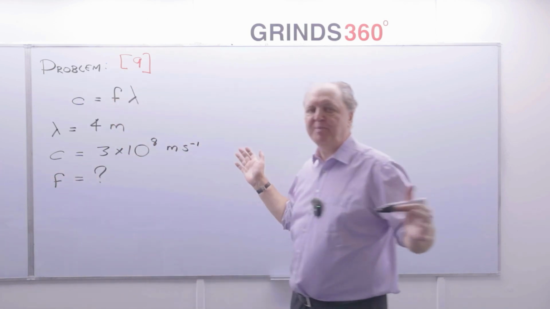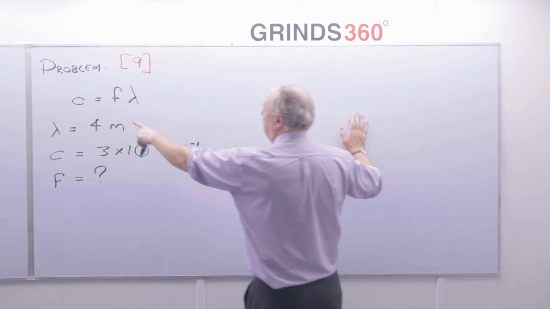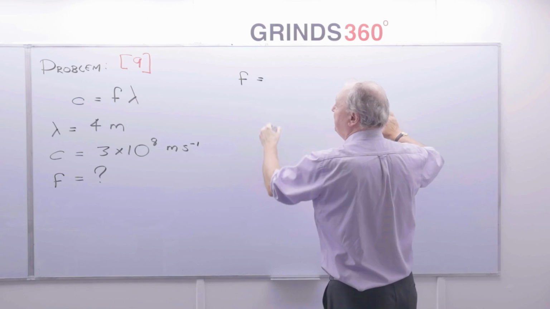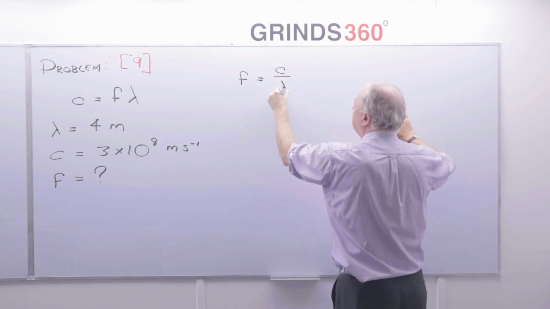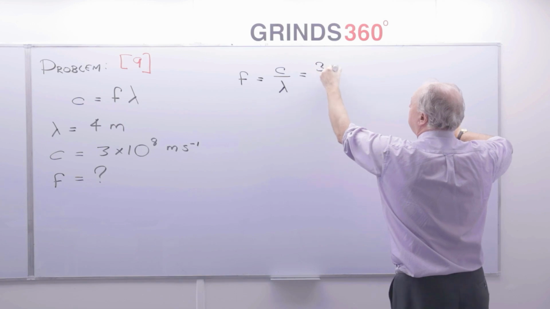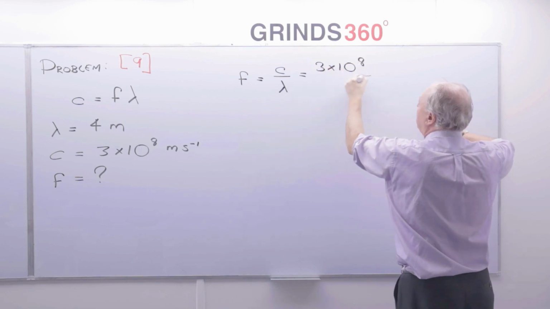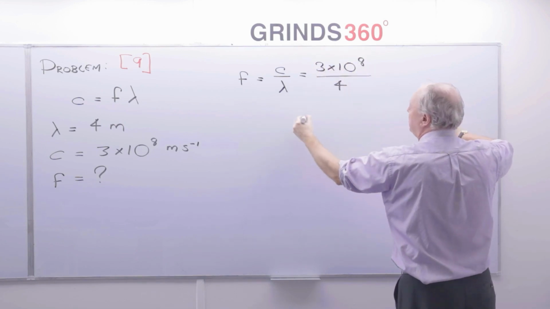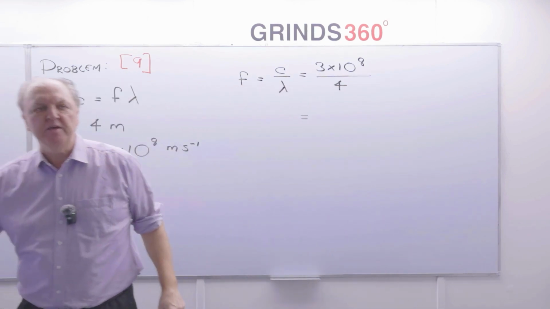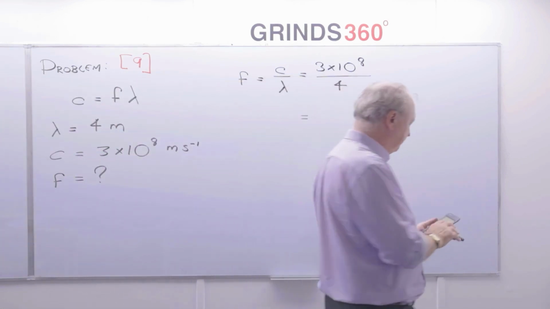So a very simple problem. Manipulate the formula to get f on its own. So f is equal to c divided by lambda. c is 3 by 10 to the power of 8, and lambda is 4. So put that into my calculator, and I have the frequency of that particular radiation.